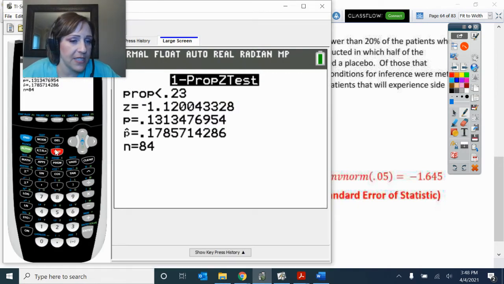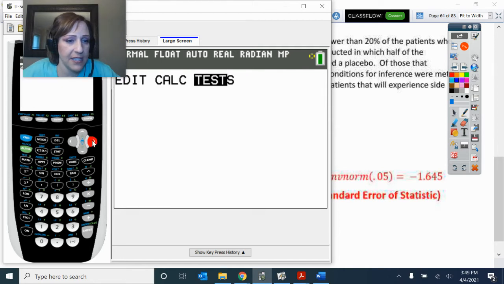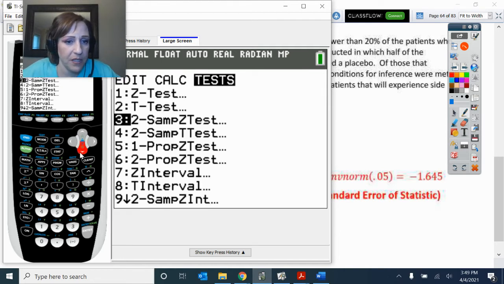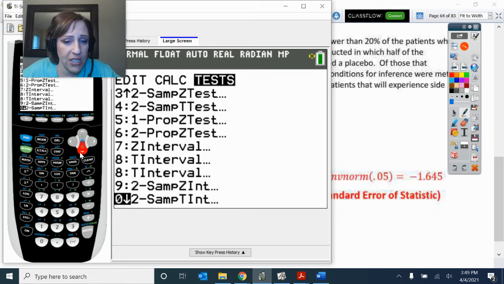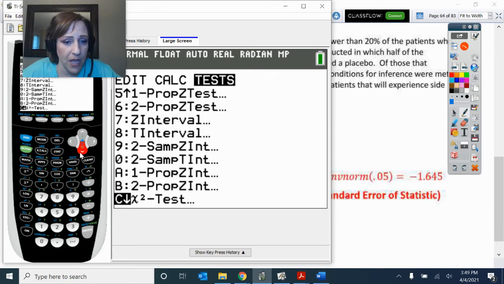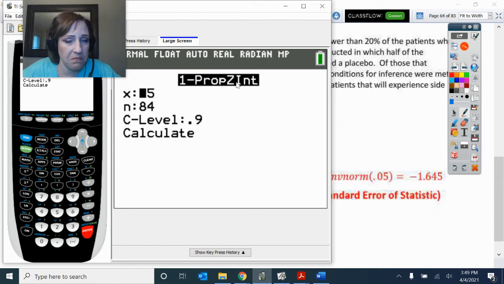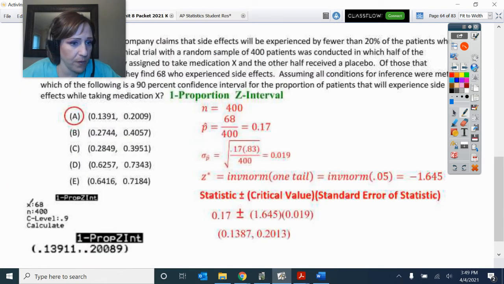So here with stat over to test, that would have been going on down because see all of the tests in the menu are first, and then we get to the interval. So a 1 proportion z interval is A, and so then I filled in the information for that problem, 68 out of 400 with 90% confidence, and that came up with my answer as well. So, be aware of how to do it by hand, okay?